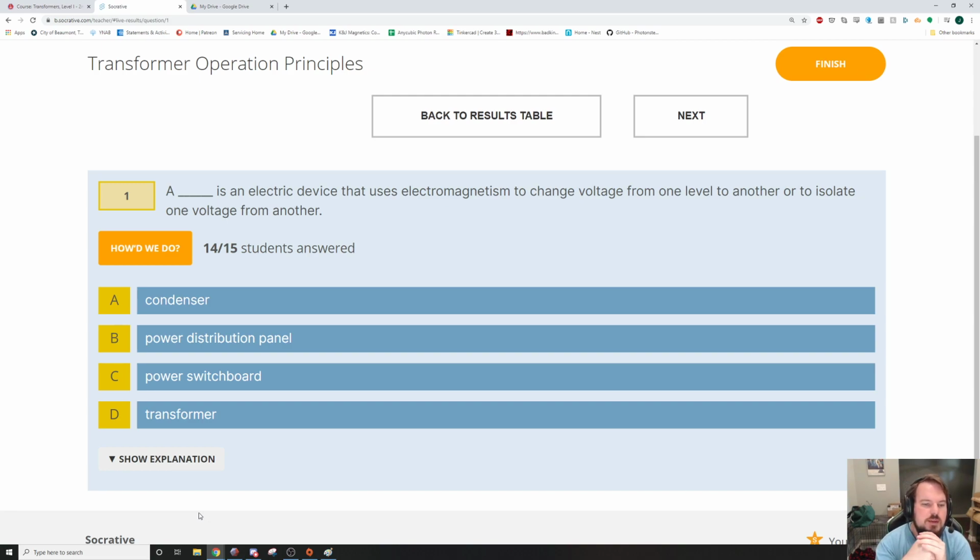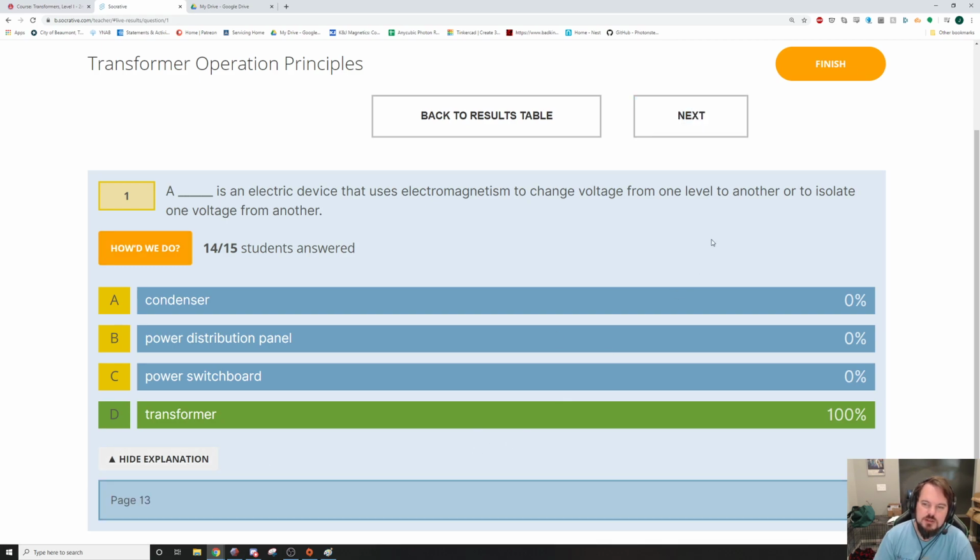All right. A blank is an electric device that uses electromagnetism to change voltage from one level to another or to isolate one voltage from another. A transformer. Y'all nailed it. Good job. Page 13.